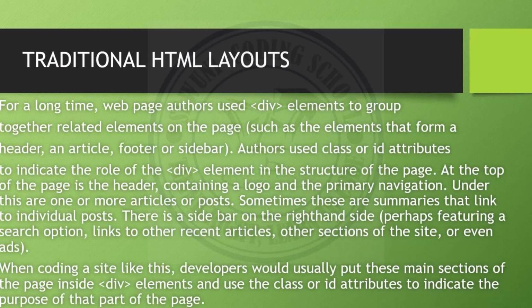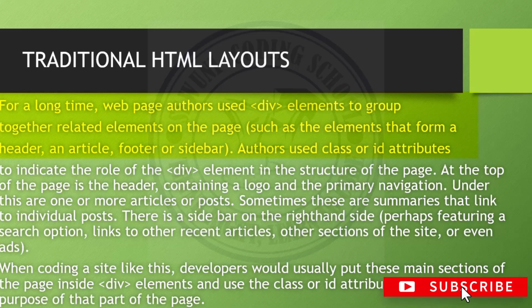Now, the traditional HTML layout is that there are a lot of divs in use. They use a lot of divs to group the elements together on a page. The divs are used for headers, for articles, for footer, and for sidebar.